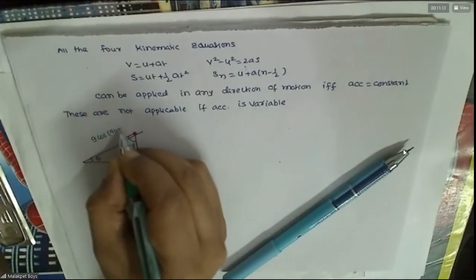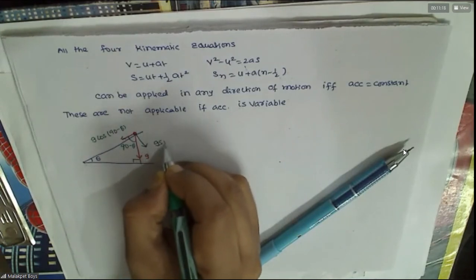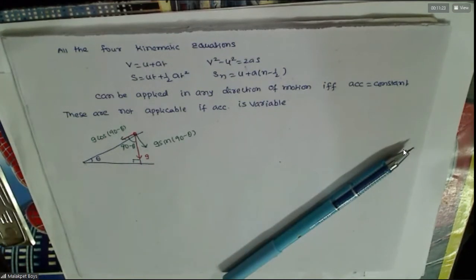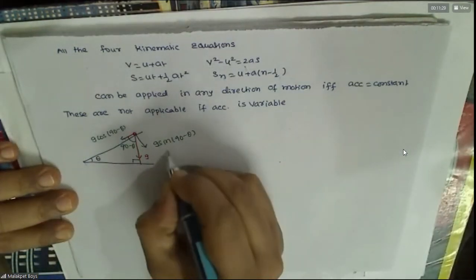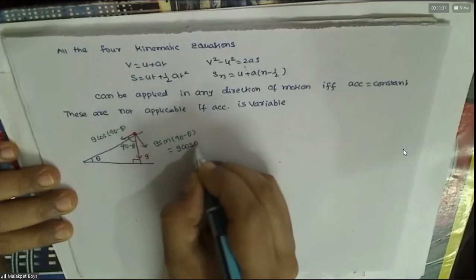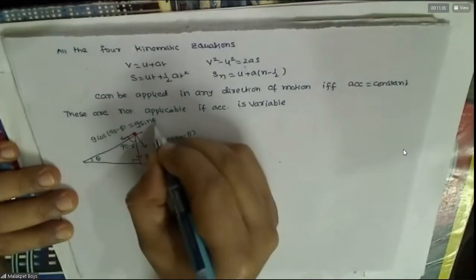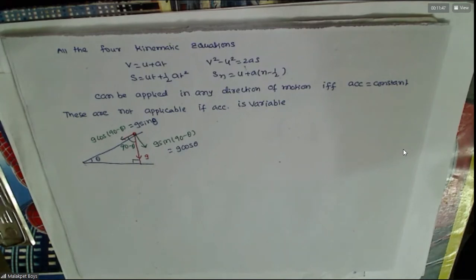The adjacent component is this, and perpendicular to this you have 90 minus theta. Is it clear? Agreed?